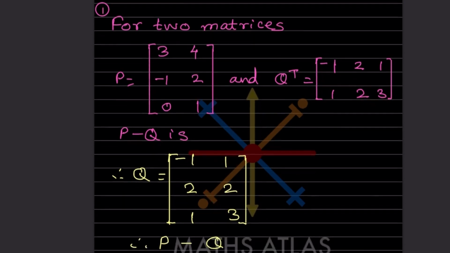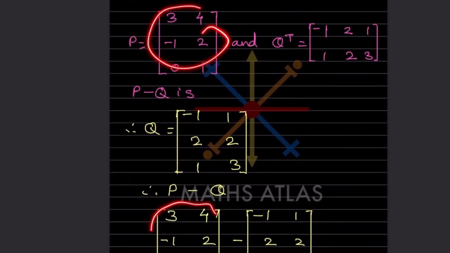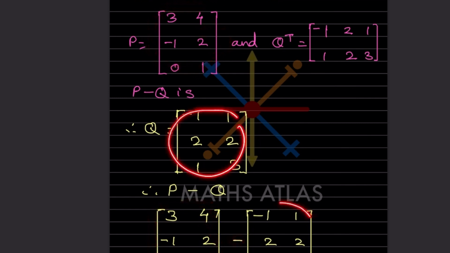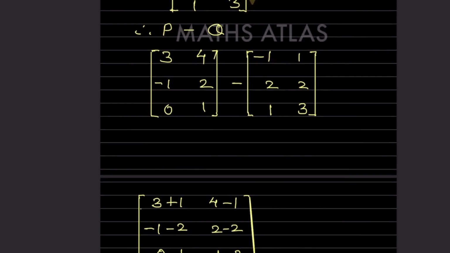So now we want P minus Q. What will we do here? This P, we'll write it as it is over here. We'll put a minus sign over here, and we already got Q. Then that's very simple. This 3 minus, and minus of minus becomes plus. So 3 plus 1. Now look here. Minus 1, minus 2. This is here. 0, minus 1.